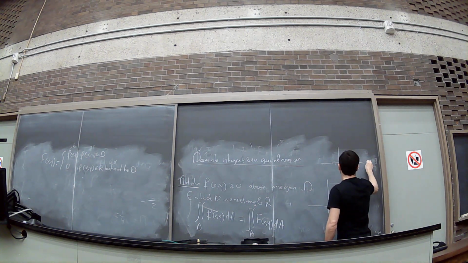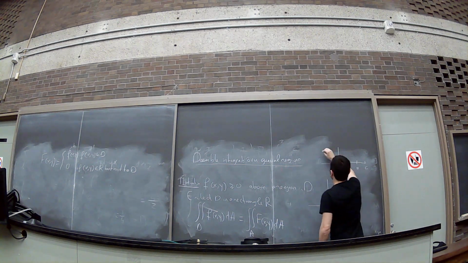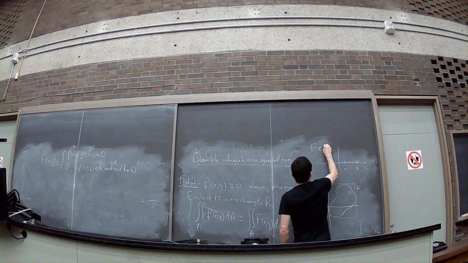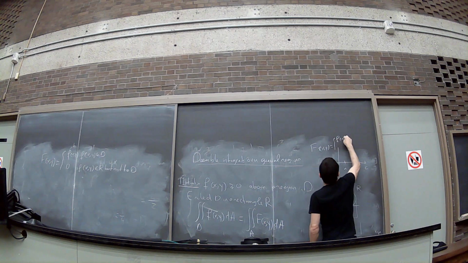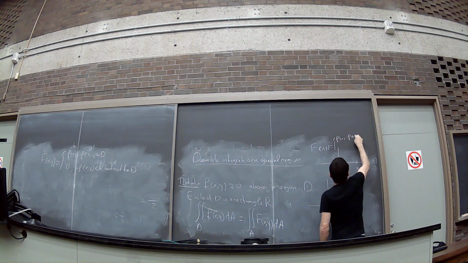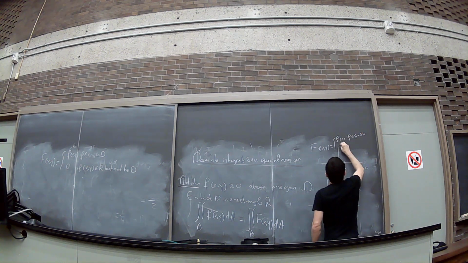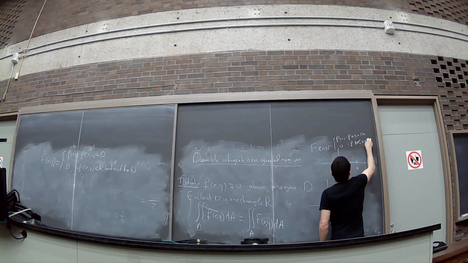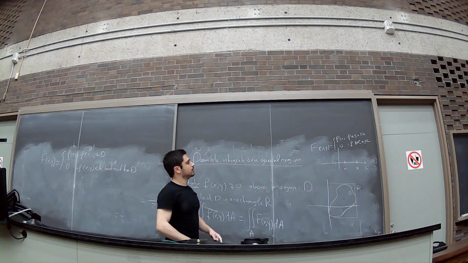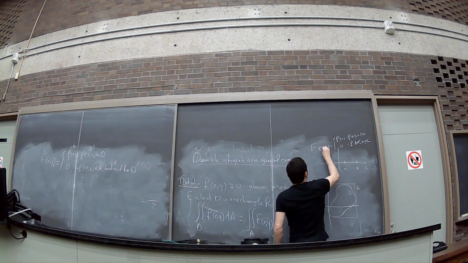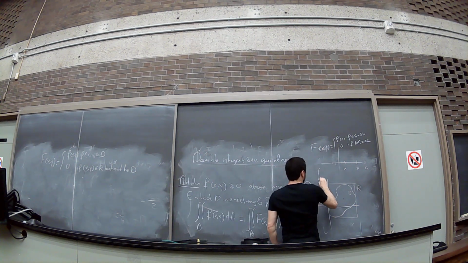And I tell you define a function f of x, which is equal to f of x if a is less than x less than b, and is equal to 0 if b is less than x less than d. What is the integral from a to d of that function?